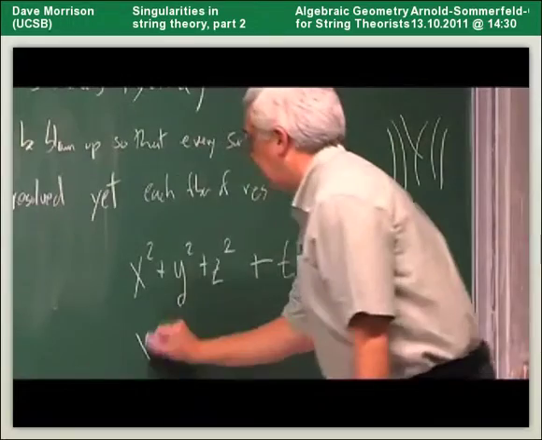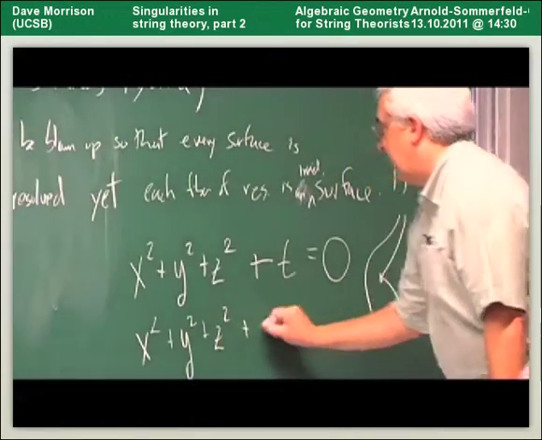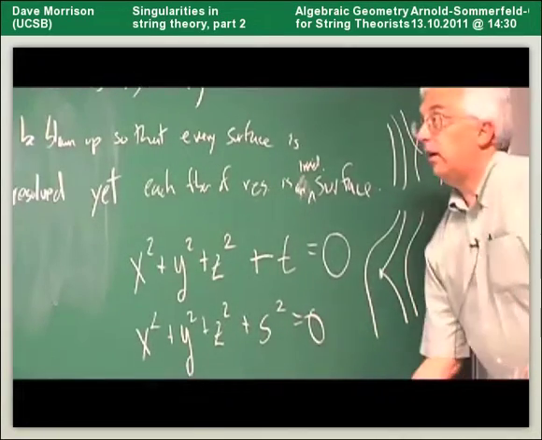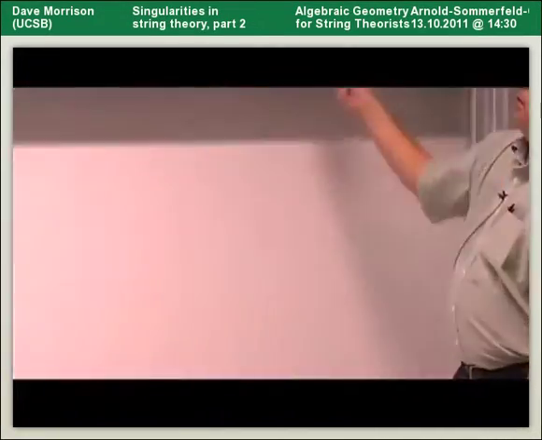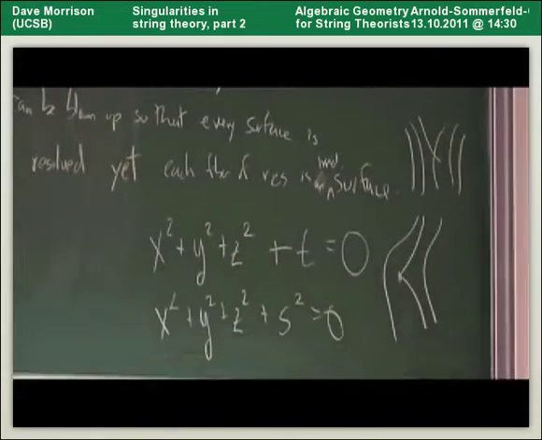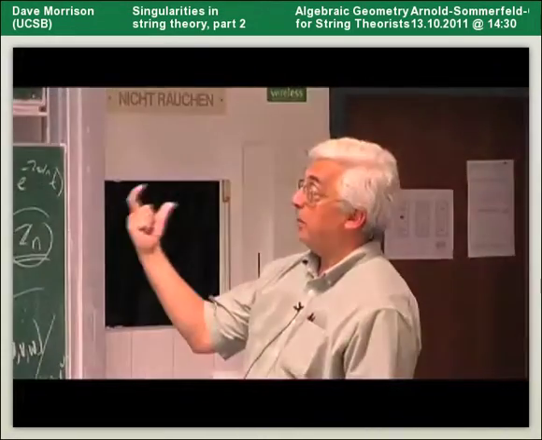And in this particular simple case, if I make the change of variables t equals s squared, then I get what's the familiar conifold singularity. Hopefully this is visible to people. I get the familiar conifold singularity, which does have a so-called small resolution replacing the point with a P1.